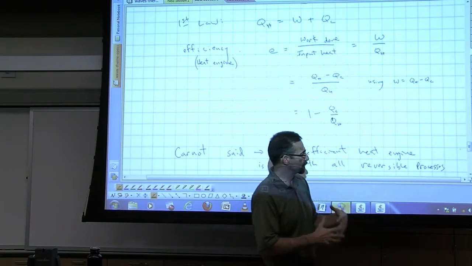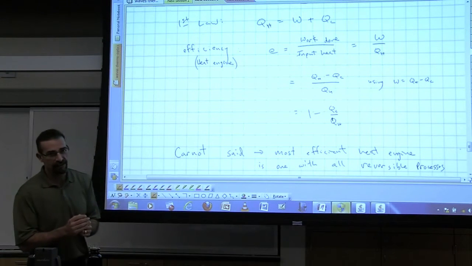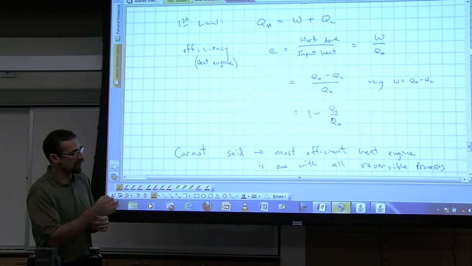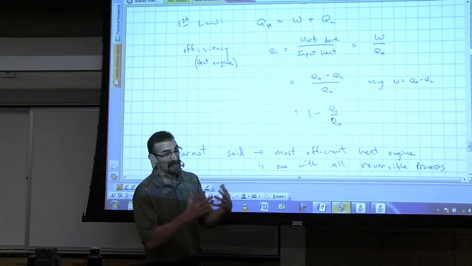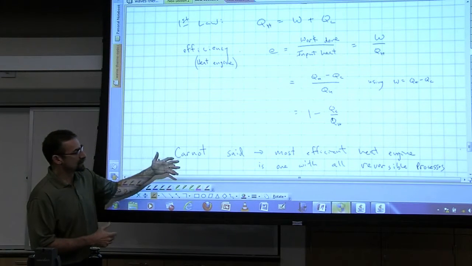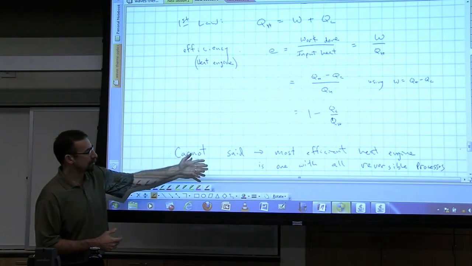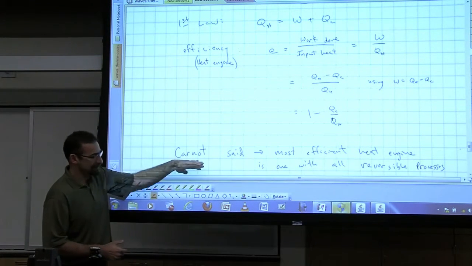Every process is irreversible because we always have some losses. We can never quite get a 100% reversible process. We have some processes that are pretty close that can approximate it, but there's no way we can make a completely reversible heat engine. So this is the ideal.